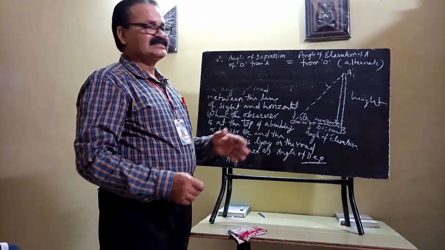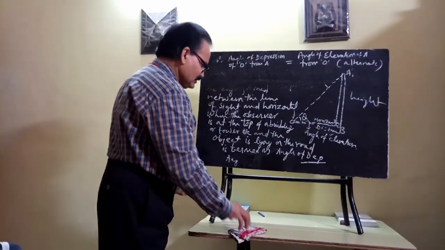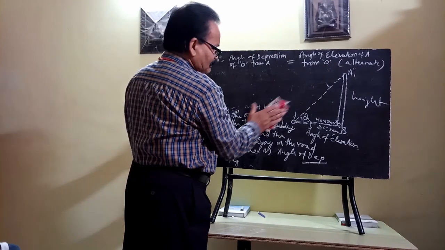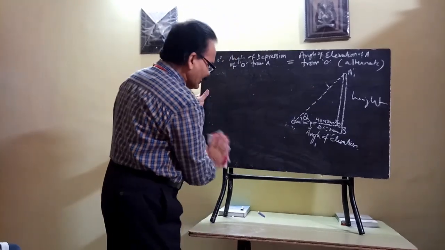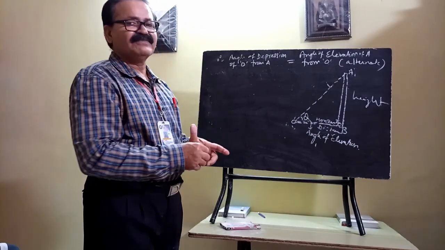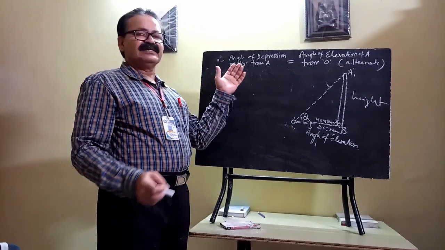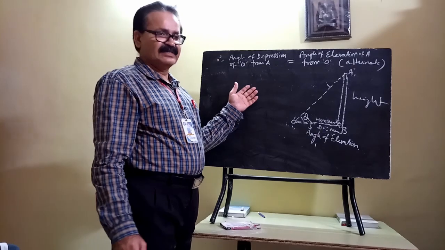Basically in this chapter, the most widely used values are tan 30 degree, tan 60 degree, tan 45 degree.